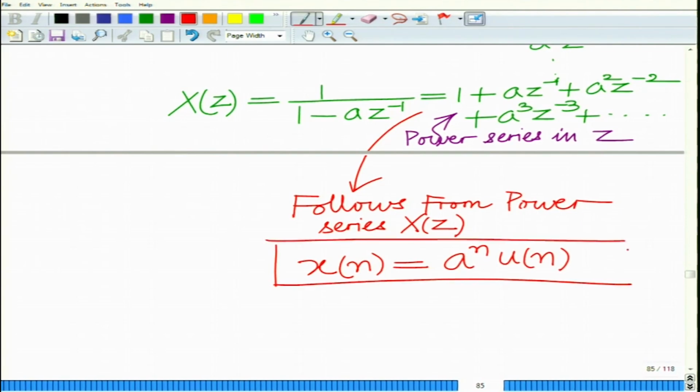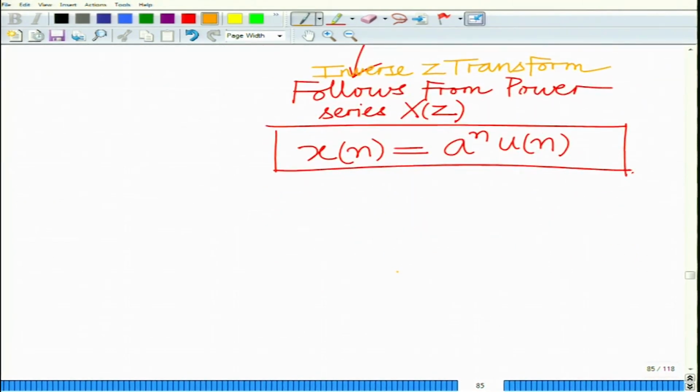You have constructed the power series, and from the power series the inverse z transform. This is the power series approach of constructing the inverse z transform.